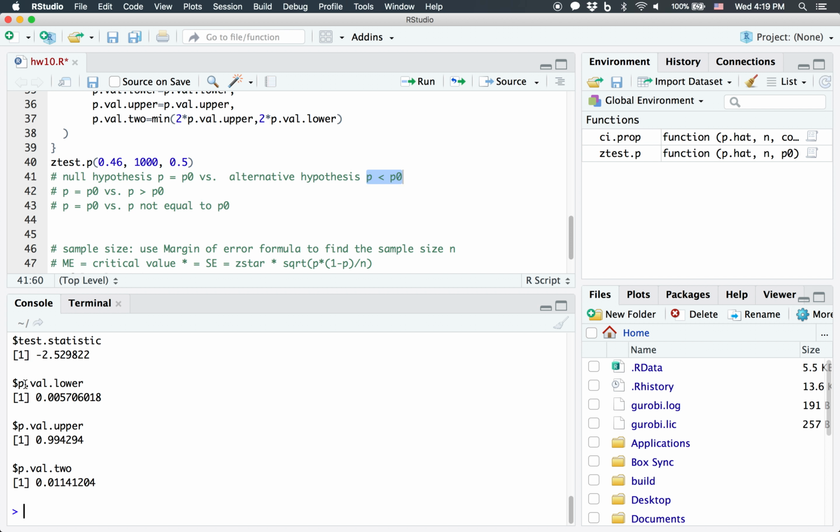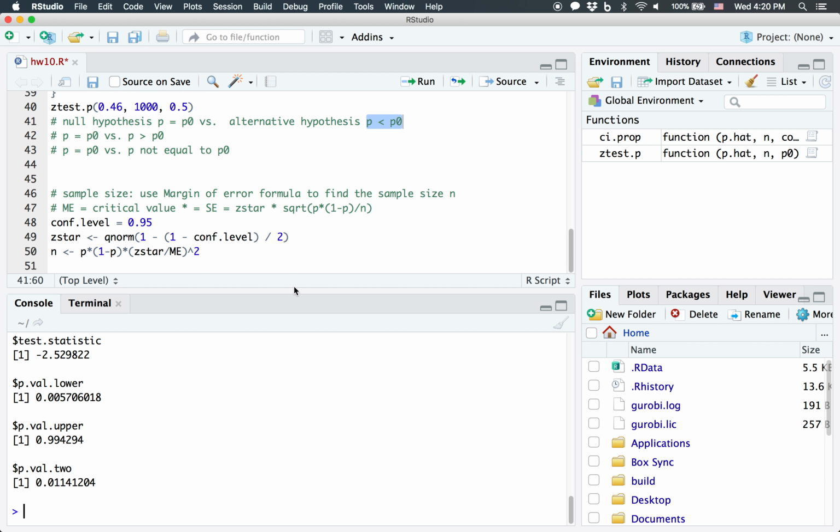The conclusion we can make is that we can reject our null hypothesis that the population proportion is 0.05, because our p-value is smaller than the significance level.